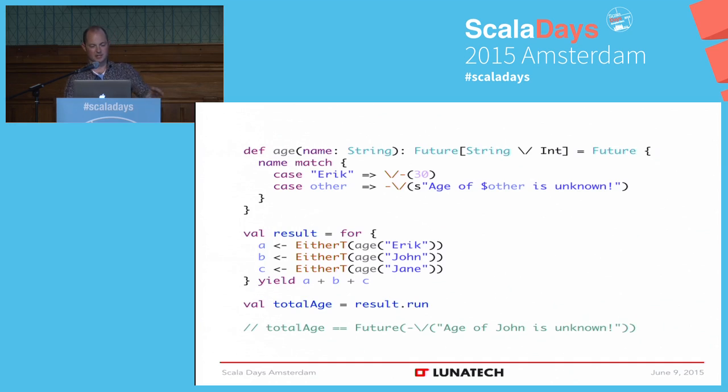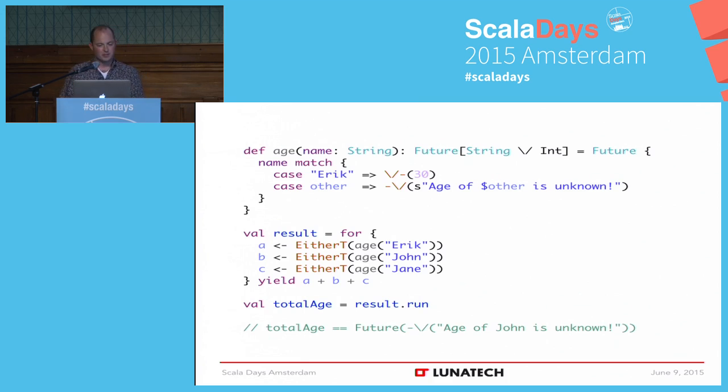So very similar to how this for-comprehension looked with OptionT in an earlier example, we can use EitherT to make a for-comprehension for this scenario. And it's interesting to see how this would look if you don't have a for-comprehension, if you don't have the monad transformer, but just try to make this program with map and flat map. It's going to be pretty terrible. And this way it just looks pretty clean, how it looks and what it does.